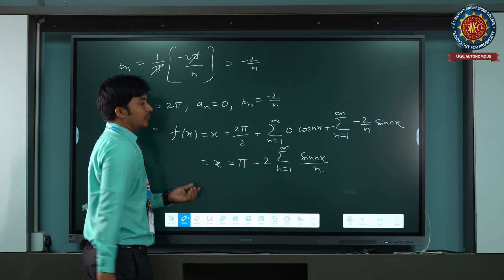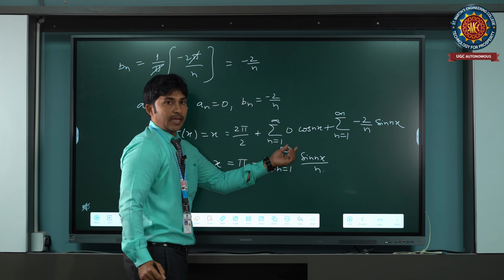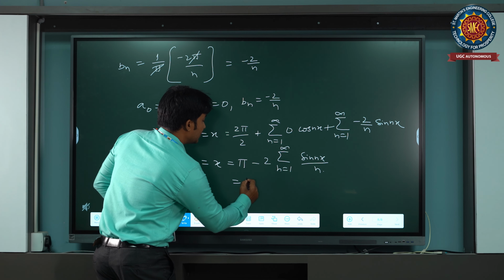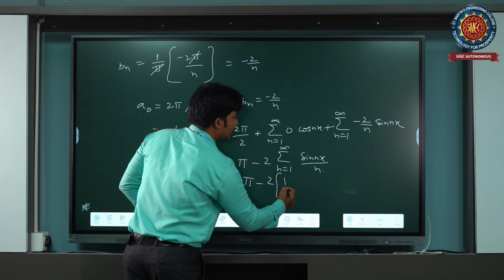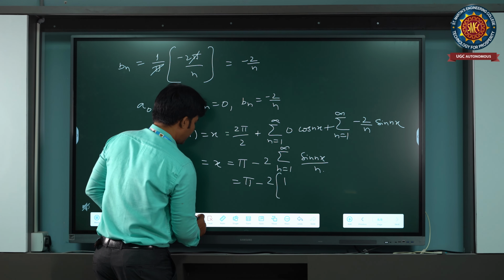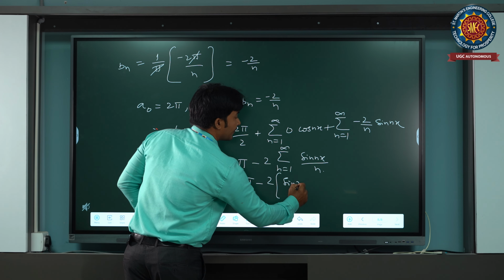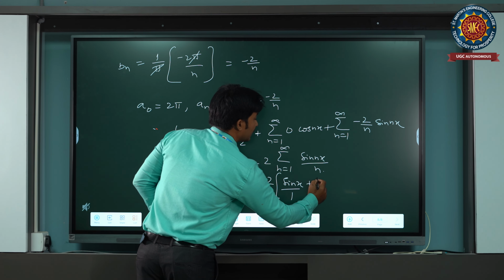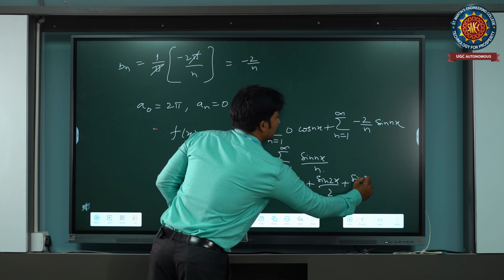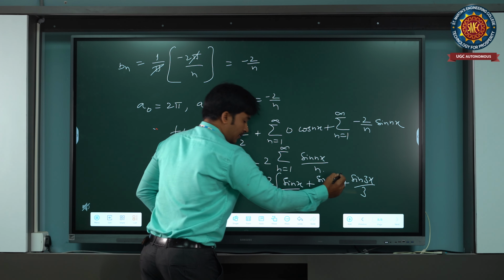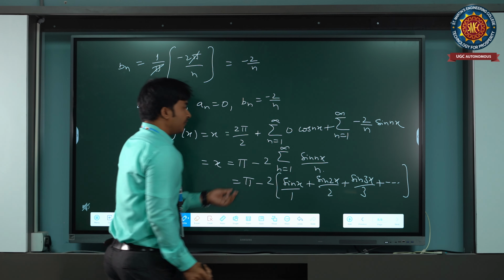To find the series, substitute n equals 1, n equals 2, n equals 3 in the series. That is pi minus 2 times sin x by 1, next sin 2x by 2, next sin 3x by 3, plus so on up to infinity.